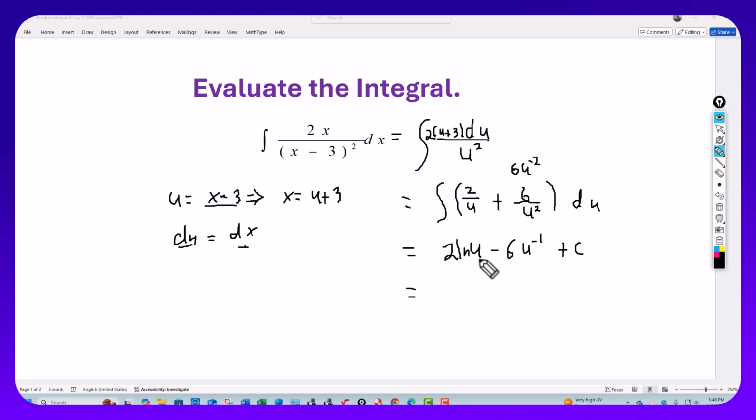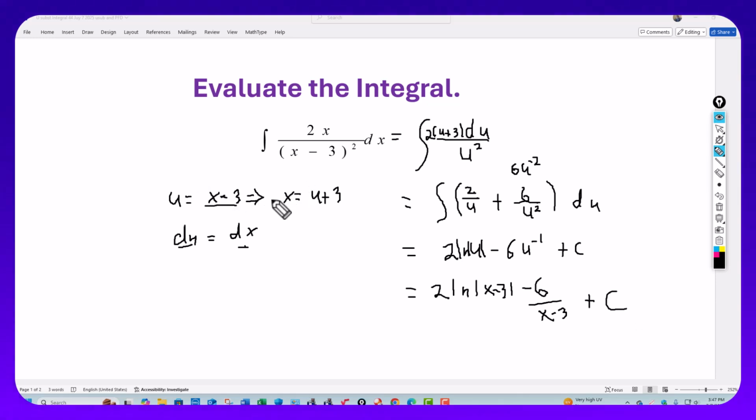So that becomes a natural log of absolute u. So then we go back to the original variable, so this will be 2 ln, and u is x minus 3. Then it's minus 6, u to the negative 1, I can put it down in the denominator, and then replace the u by x minus 3, plus the constant of integration.